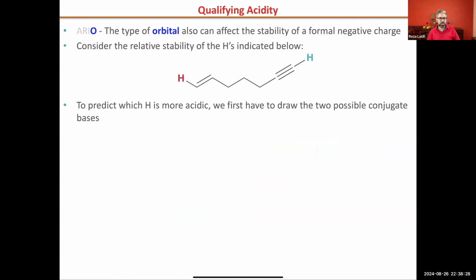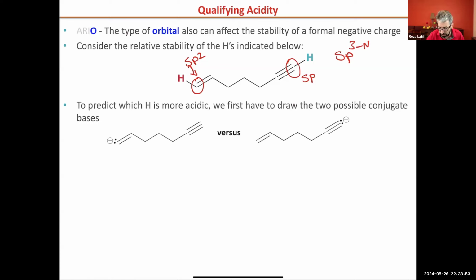Now I have 2 carbons: one carbon with sp2 hybridization, and a second carbon with sp hybridization. For a carbon that has an octet and you want to figure out the hybridization, with no positive or negative charge, you can use this formula: sp3 minus n, where n is the number of pi bonds.